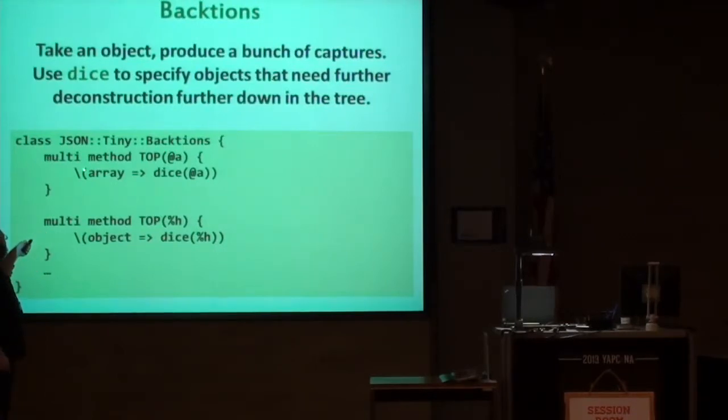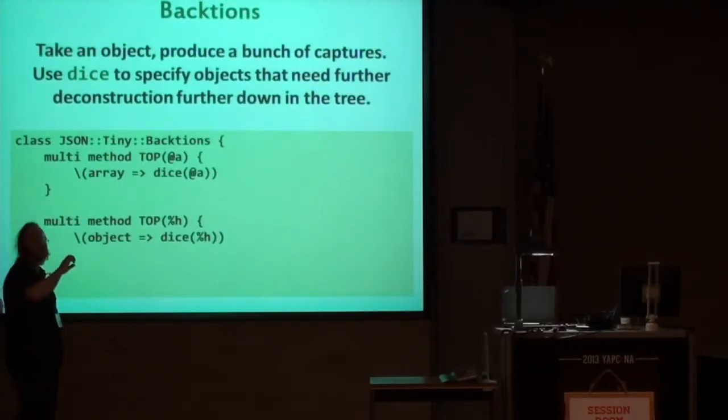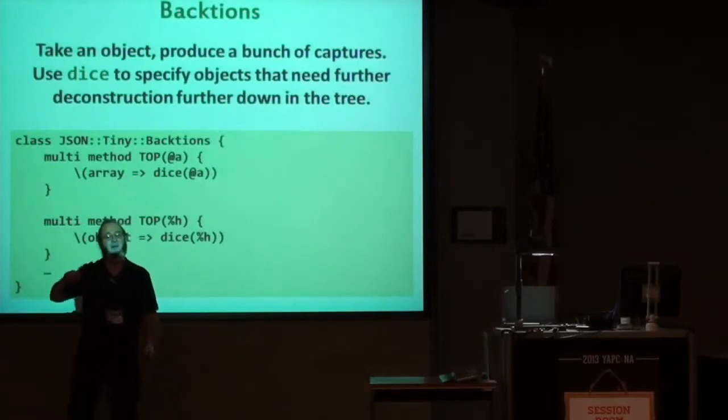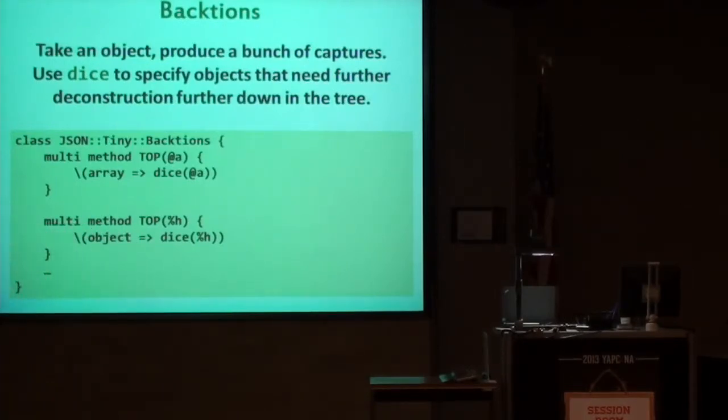And what we do is we say, well, if you have one of these, then you need to take the array path. If you remember, the grammar had a path that we could follow for arrays and for objects. So we say you take the array path, and then what you need to do for the array is you need to take this data structure and dice it.